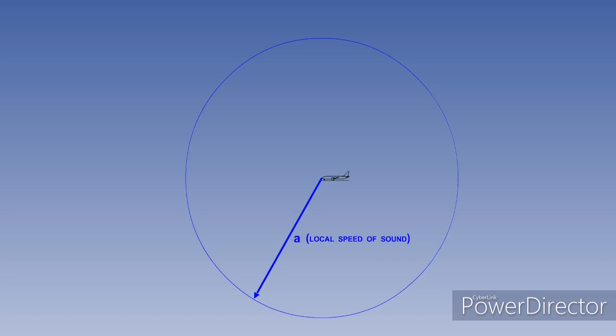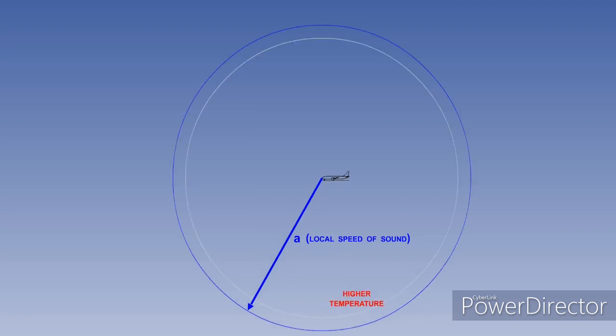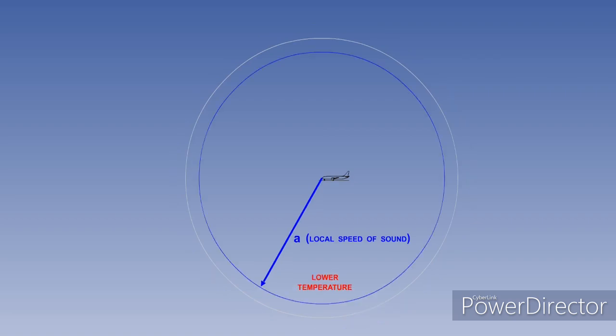The speed of pressure wave propagation is called the local speed of sound, represented by lowercase a. The only thing that will affect the speed of sound is the outside air temperature. The higher the temperature, the higher the speed of sound. In the same time interval, but with a higher temperature, the pressure wave would have propagated further, but not so far at a lower temperature.